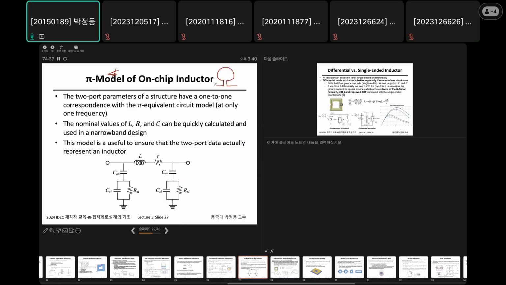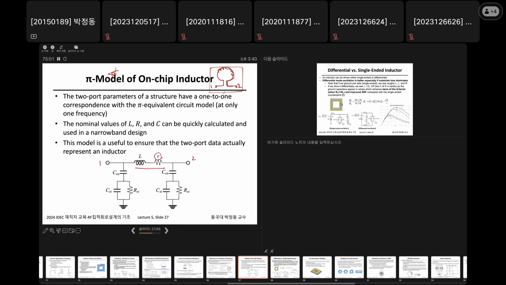This is port 1 and port 2. This is a top view. This routing has an inductance as well as a resistance. This is what we draw.